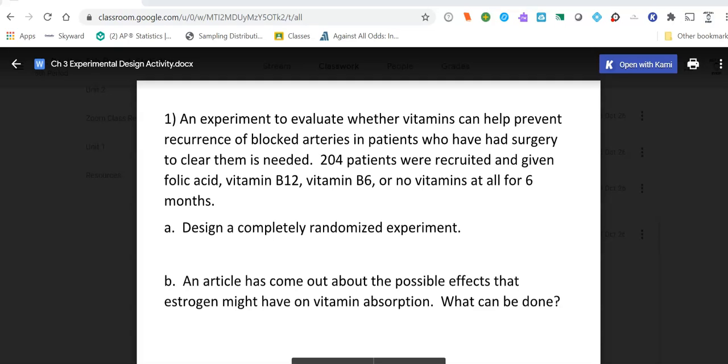It is pretty much against the law to randomly select somebody and give them any sort of medication. So it is likely not the case that they randomly selected these people. These people probably volunteered themselves for this test, right? So first of all, we start off with our 204 patients.